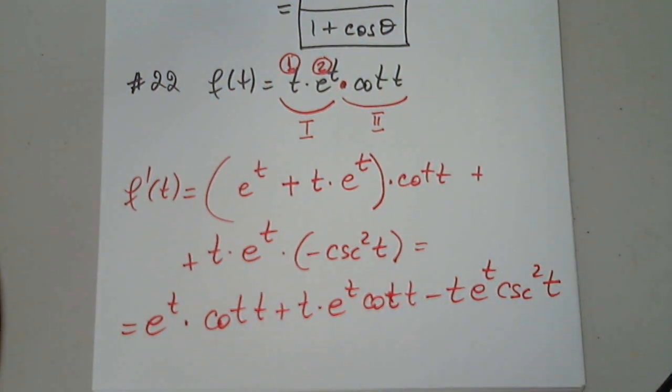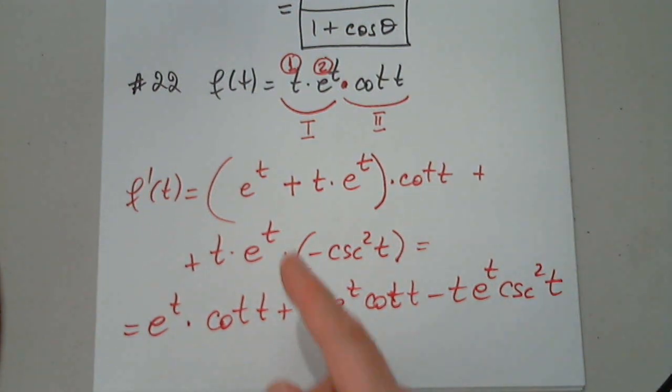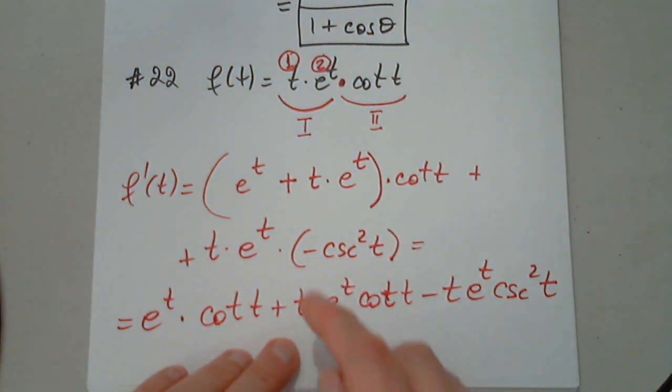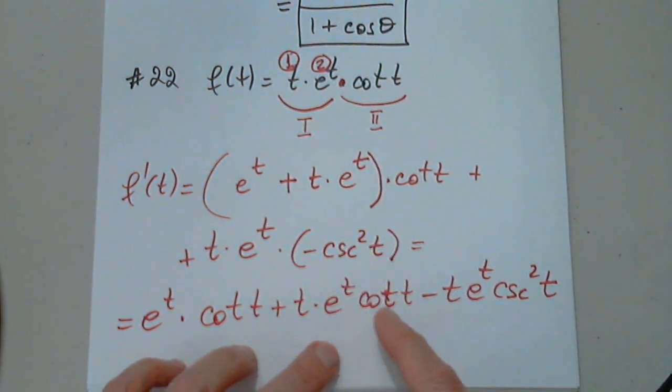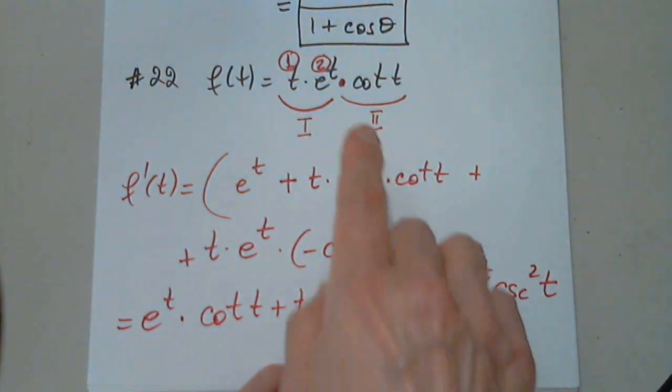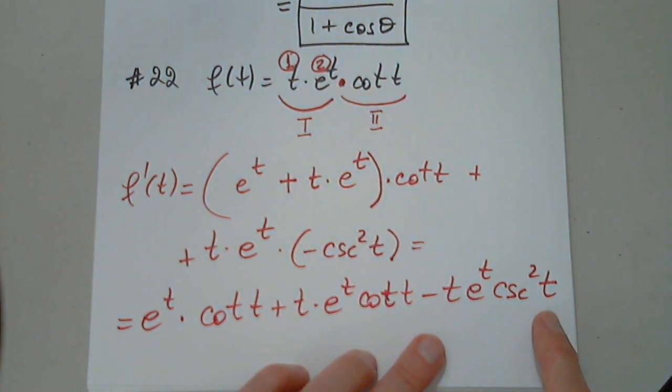So what is the formula? The first function prime times the second times the third, plus the first times the second prime times the third, plus, in this case, the first times the second times the third prime.